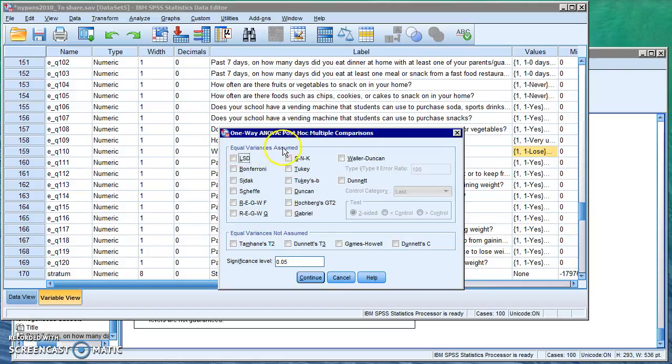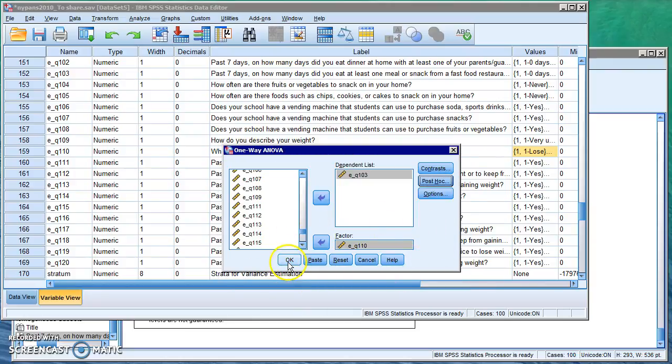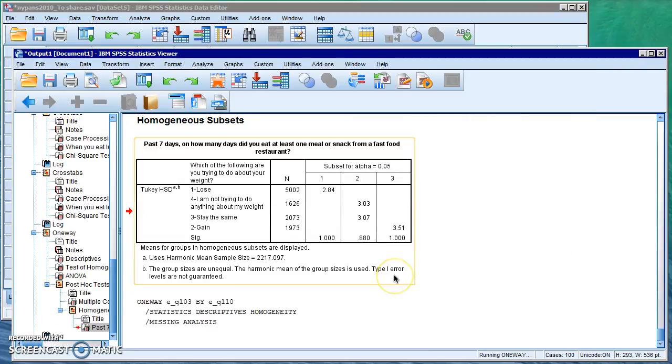And so our equal variance assumed, like in our independent t-test, it is rather named a different test. We have Tukey, and we want to choose that as our equal variance assumed test, and then we want Tamhane as our equal variance not assumed. And our significance level is still going to stay at 0.05. Once that is complete, you can press OK, and it might take a little bit of time to come up.